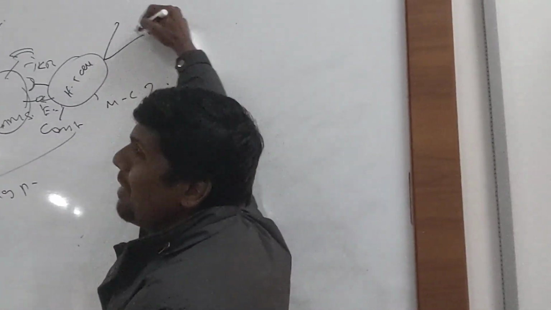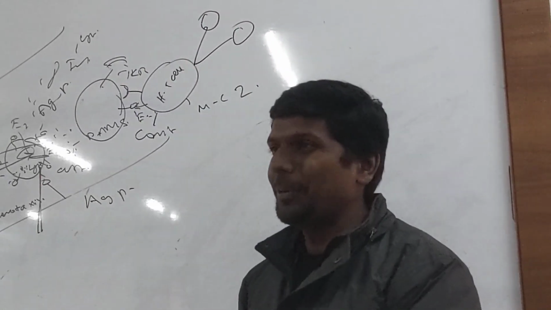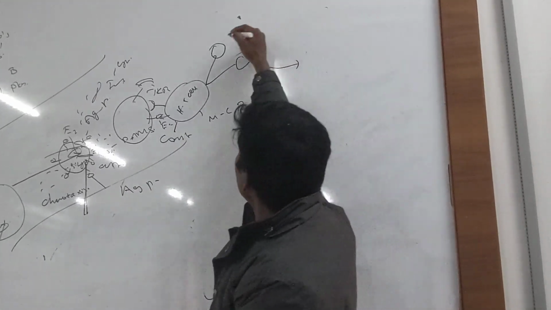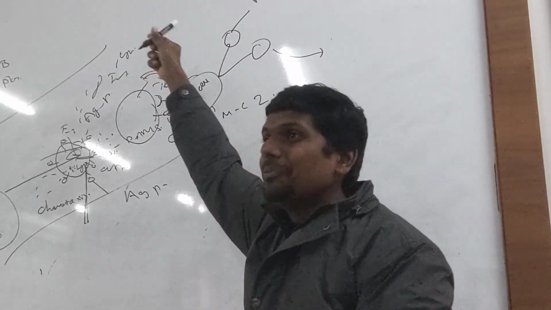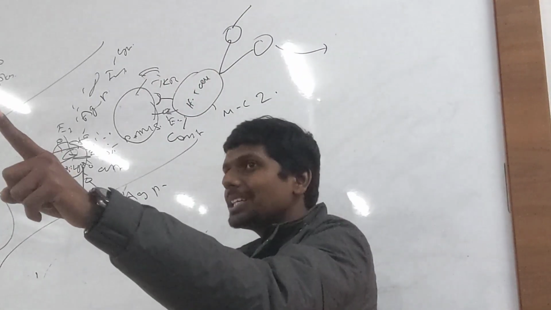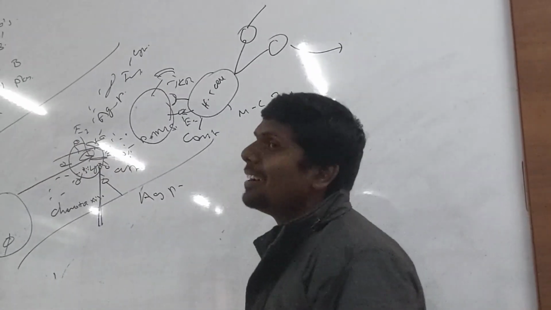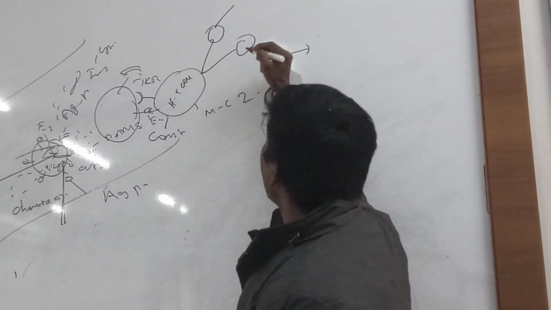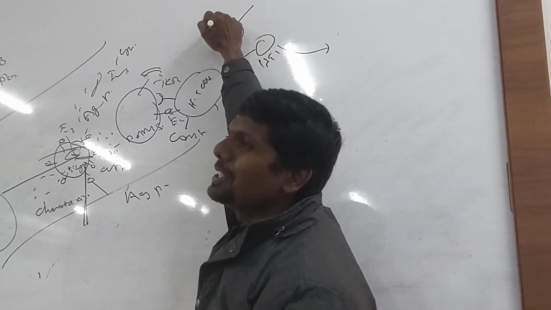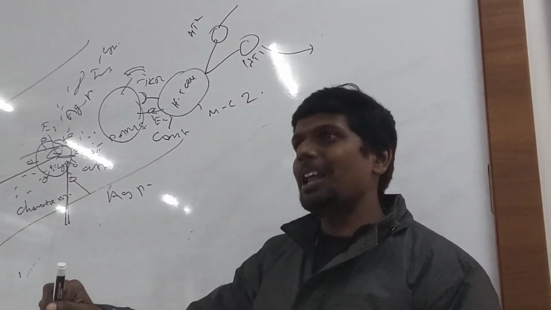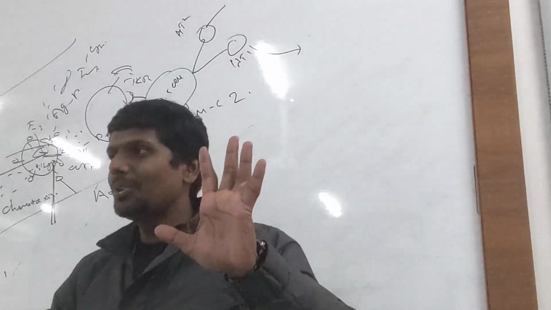The helper T cell will divide into two types of cells. With legs it will roam to one place, with hands it will roam to another. These two cells are called helper T cell 1 and helper T cell 2.